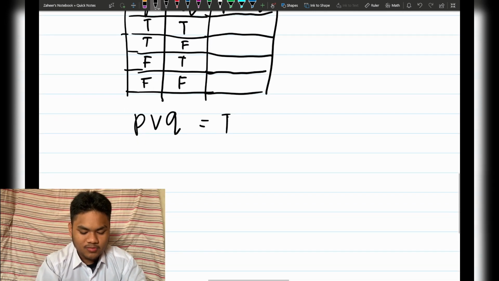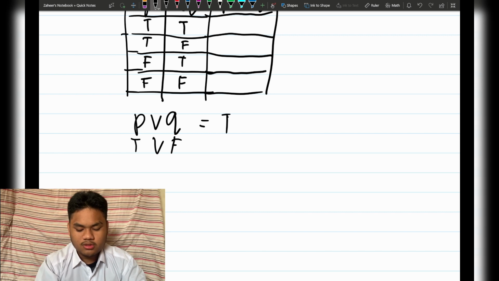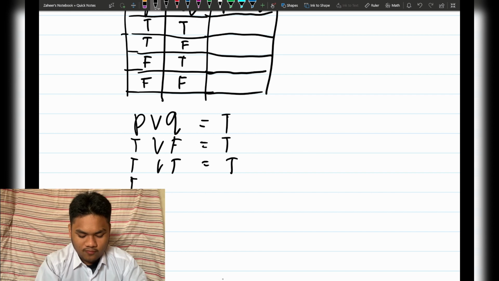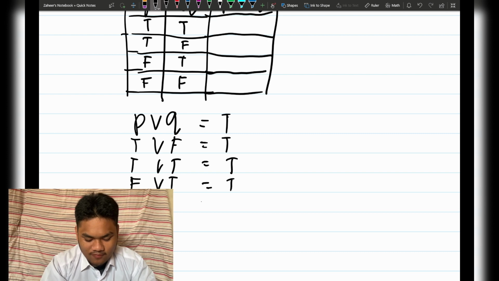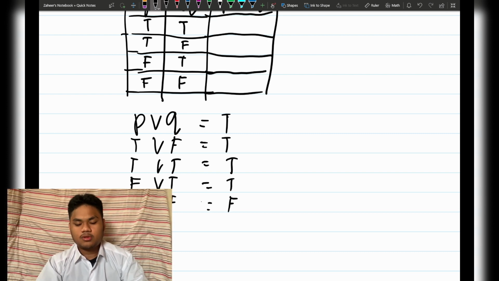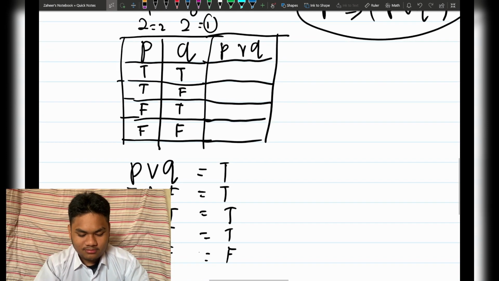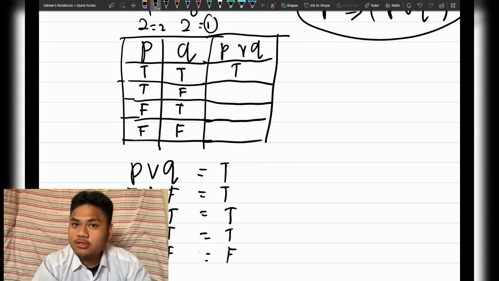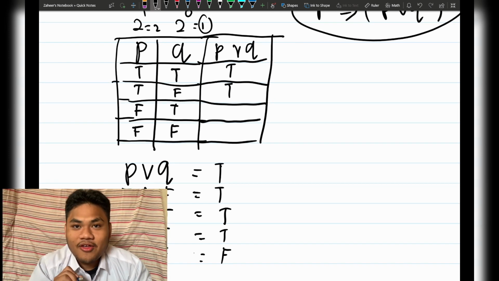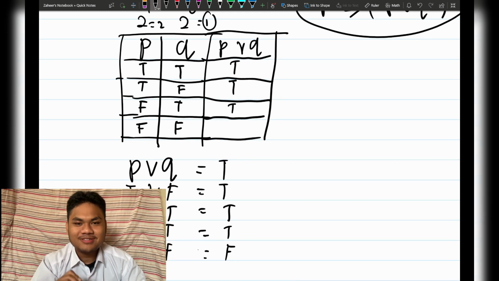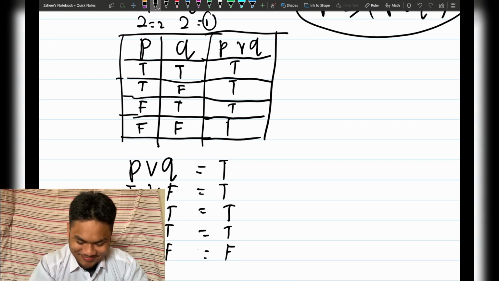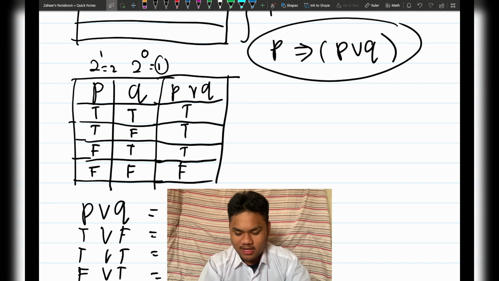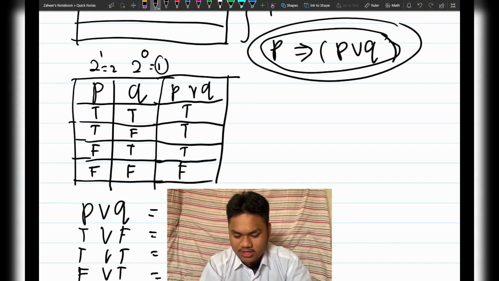For example, true or false is true, true or true is true, false or true is true, and false or false is false. So we look at the table again: true or true is true, true or false is true, false or true is true, and false or false is false. And the last thing is we need to write this in our table.